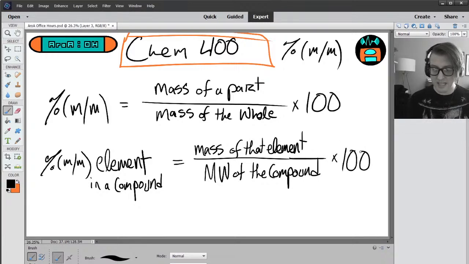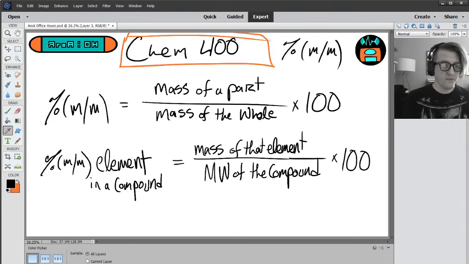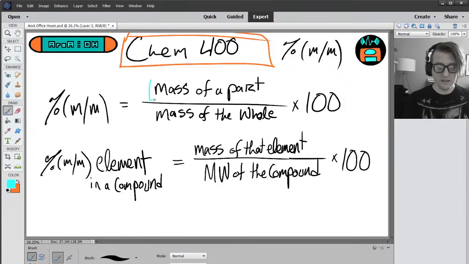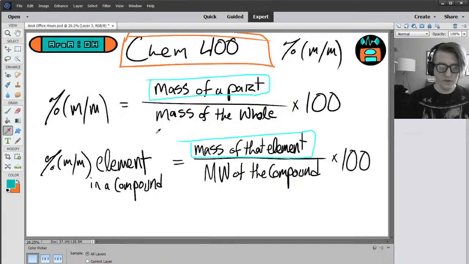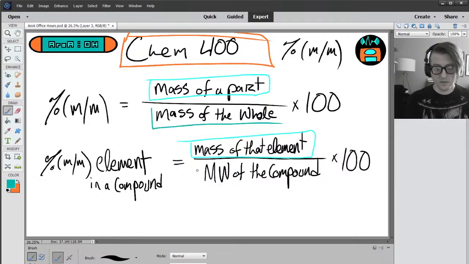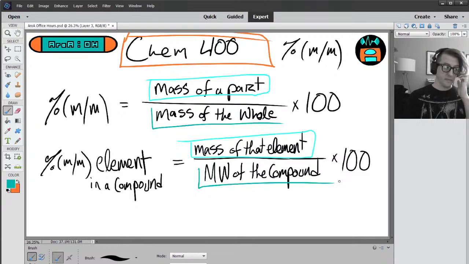You can see that this fits into the general form we wrote up here. It's the mass of a part, which is the mass of just that element, over the mass of the whole, which is the molecular weight.